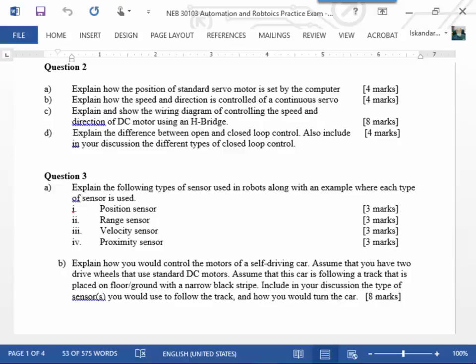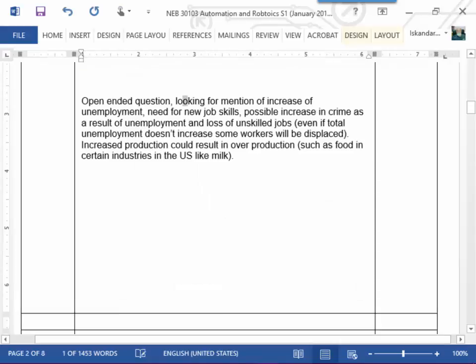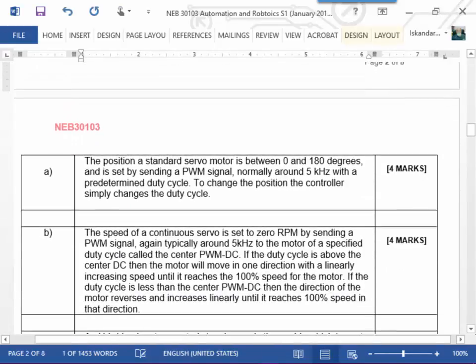Some of you put it on the midterm practice set. On the solution, I don't expect you to memorize it, but it's setting a PWM normally around 5 kilohertz. So in order to change the position, all you do is change the duty cycle. That is what I put down as the standard answer.